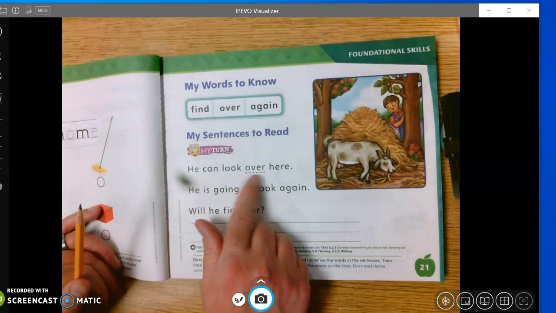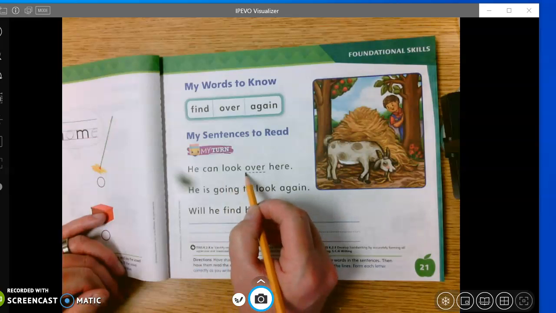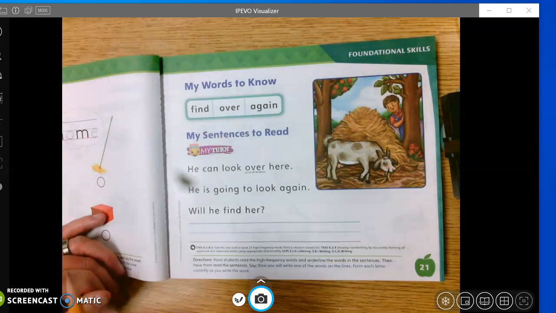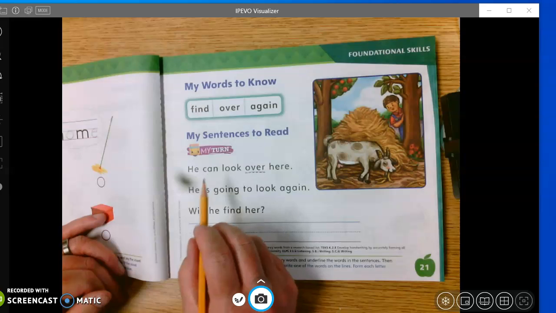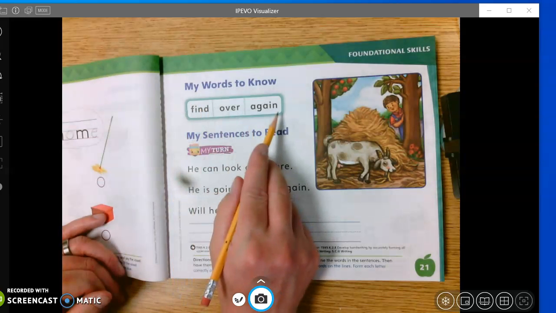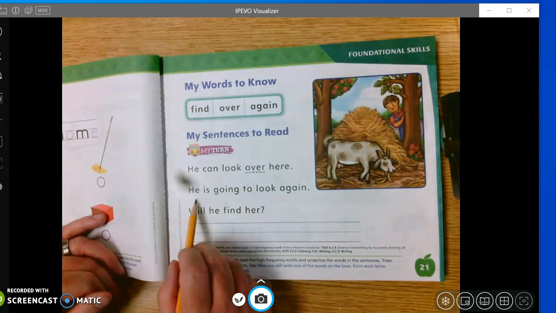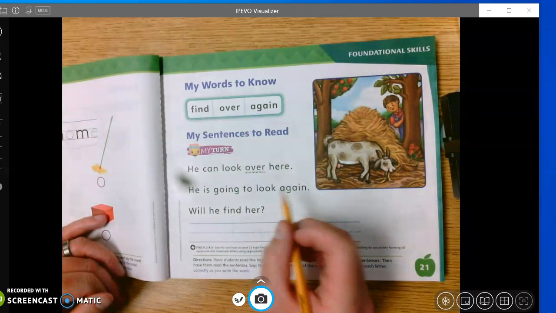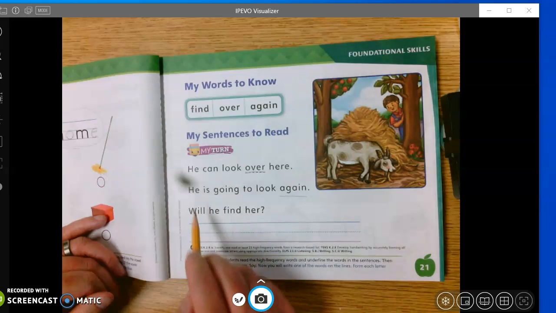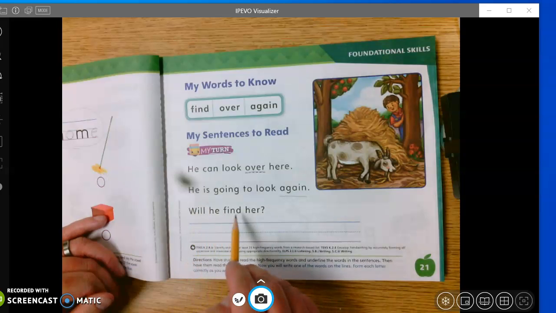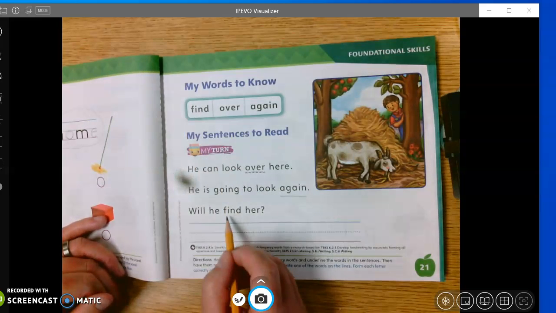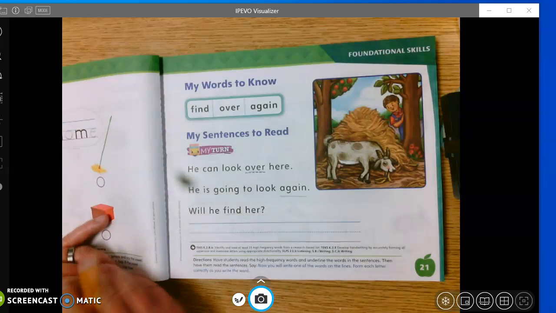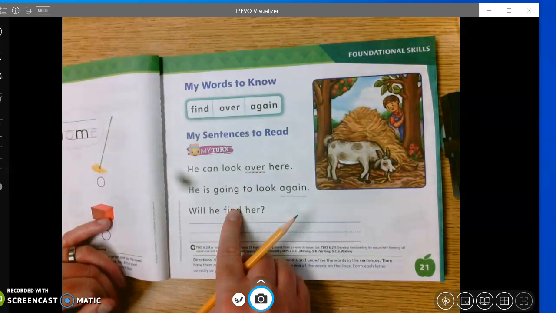I can see that they've already put some dots for us to underline over. That is that word right there, over. And what else? We're looking for find, again. He is going to look again. There's again. Will he find her? All right, so we have over, again, and find.